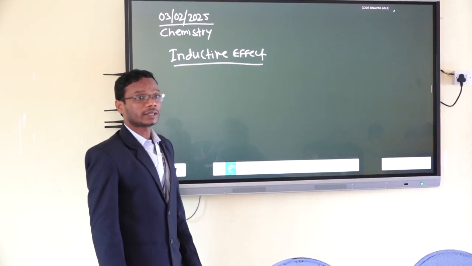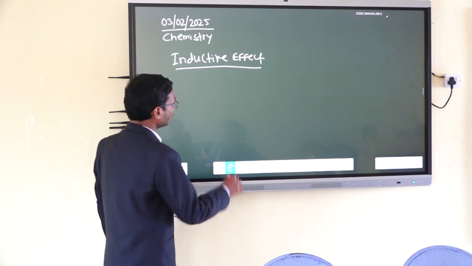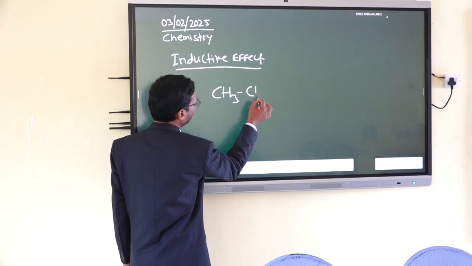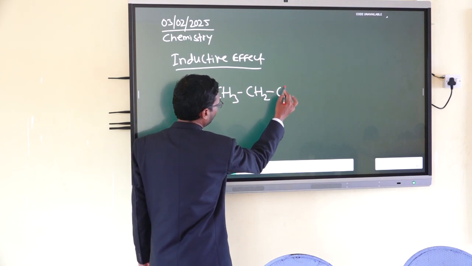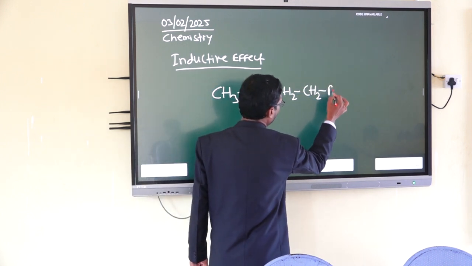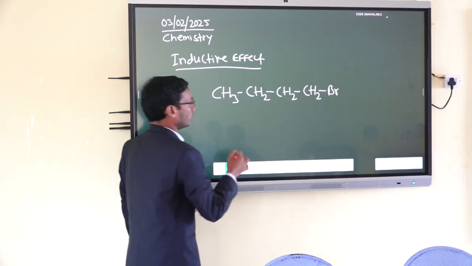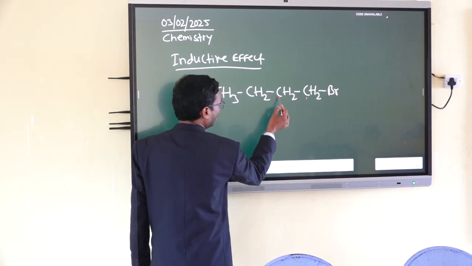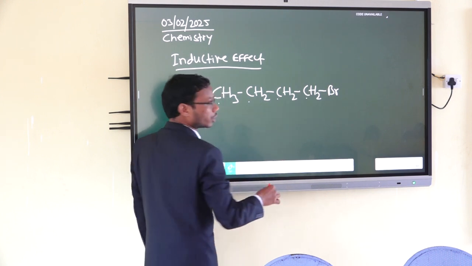Before going to the effect, first tell me the name of this compound, that is CH3, CH2, CH2 and CH2Br. There are 4 carbons, 1, 2, 3, 4, and bromine.